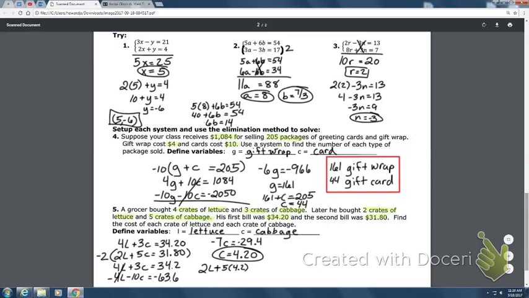To find the value of the other. So the lettuce came out to $5.40.